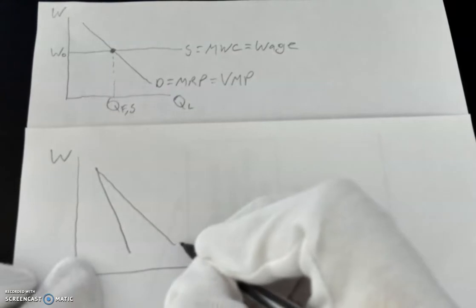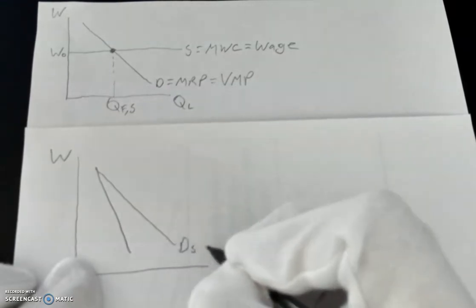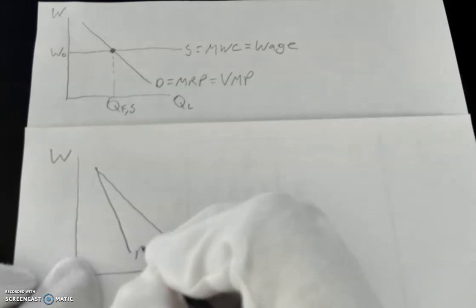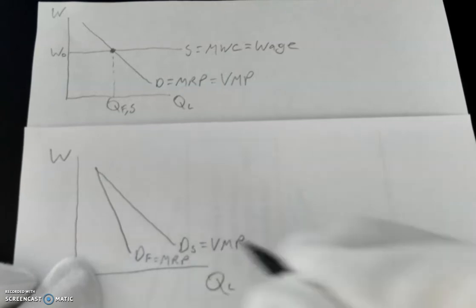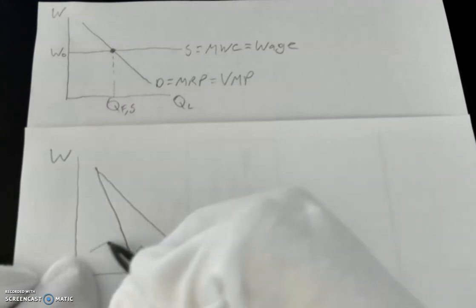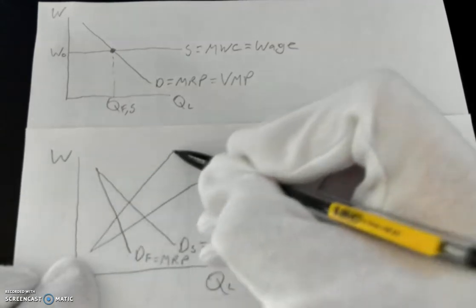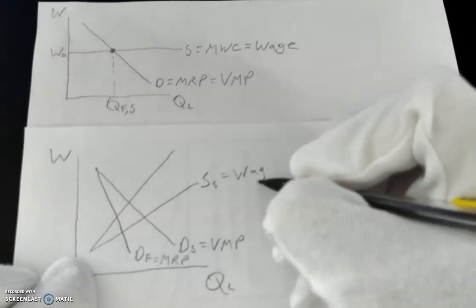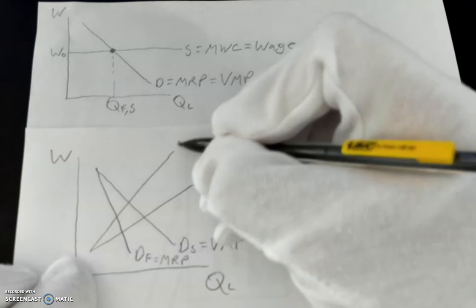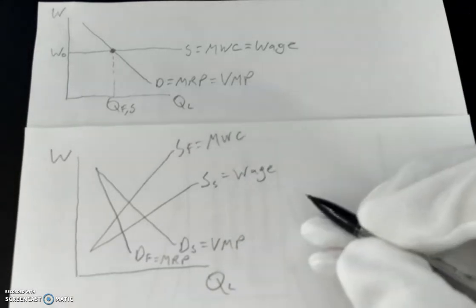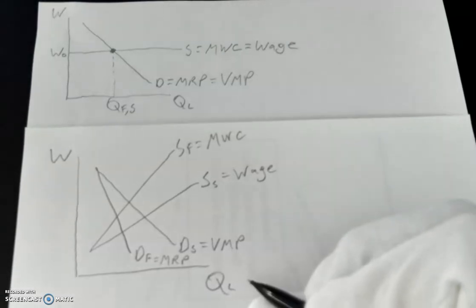So we're going to see the demand that society sees equal to the value of marginal product, and the demand that the firm sees equal to marginal revenue product. On the supply side, we're going to see a divergence as well. The supply that society sees is equal to the wage, and the supply that the firm sees is equal to the marginal wage cost.